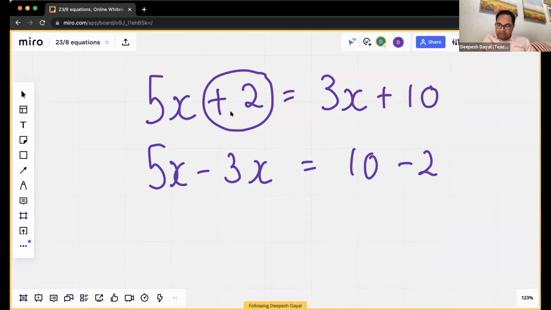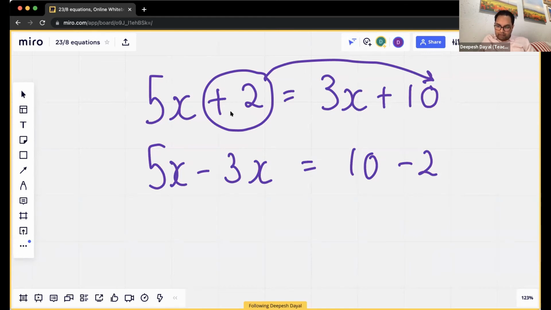So you're going to take it over. So let's try again and give me the answer again. Let me know the answer again. Four. X equals 4. So you said 5x minus 3x gives you what?